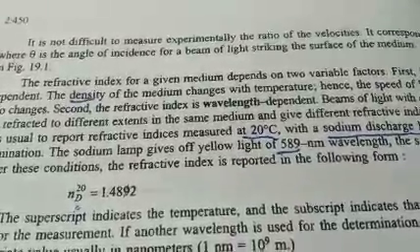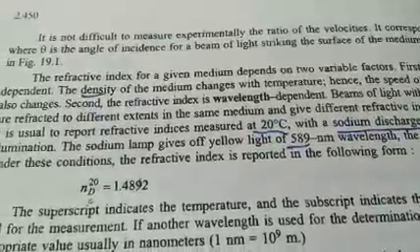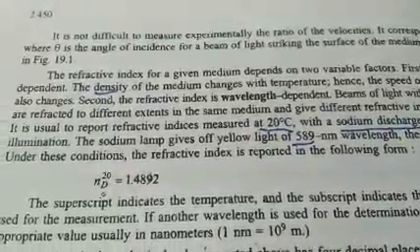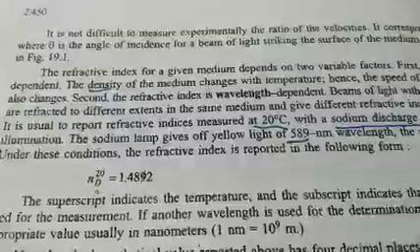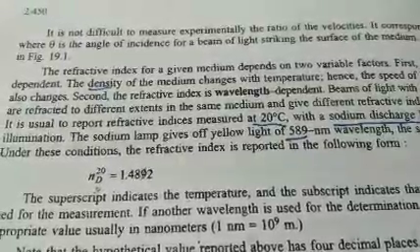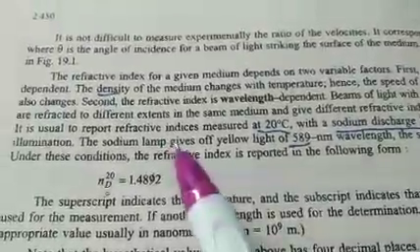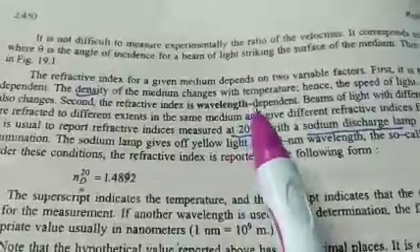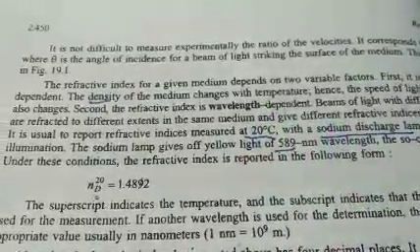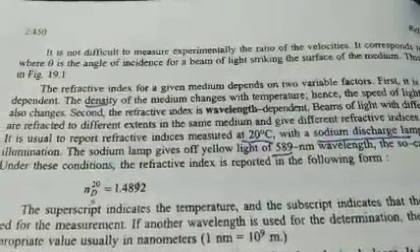So if the density is higher, the velocity of light changes. It is most important to keep a constant density for the solution.